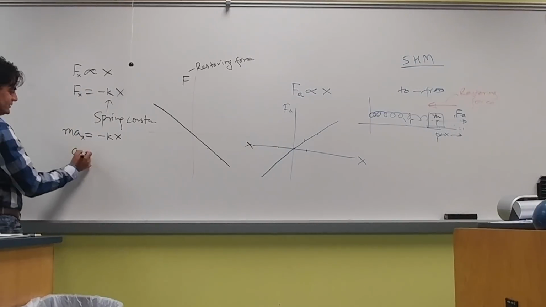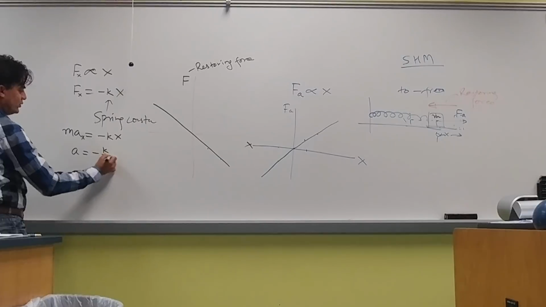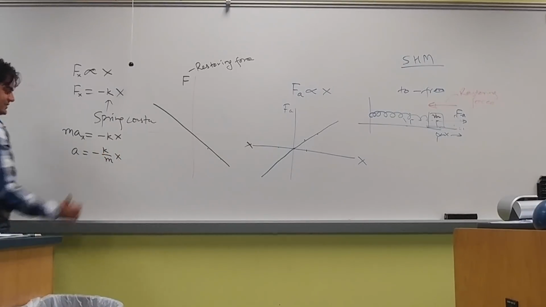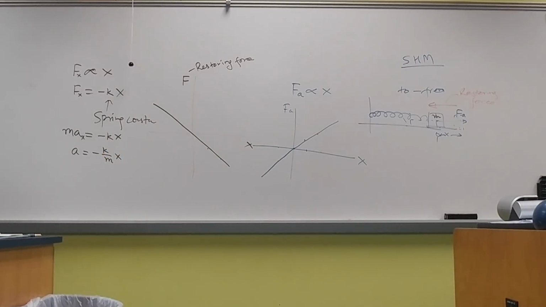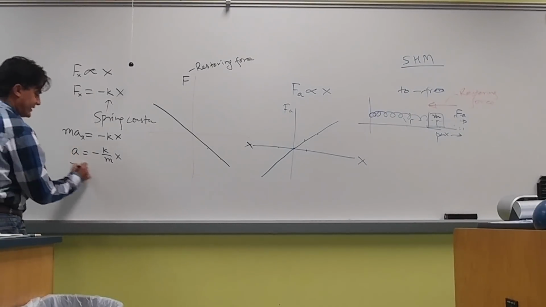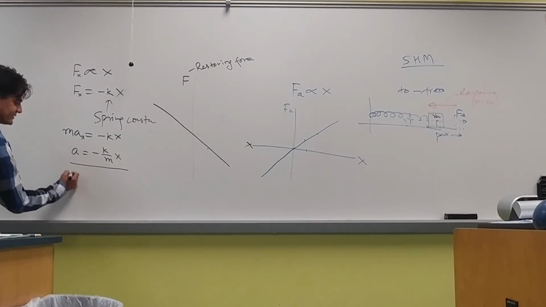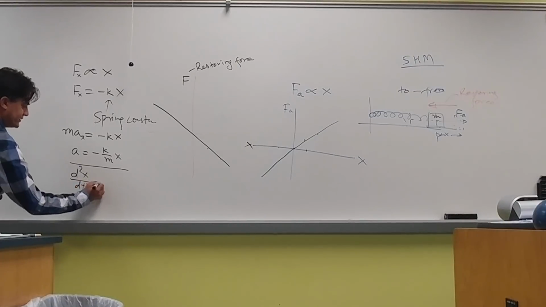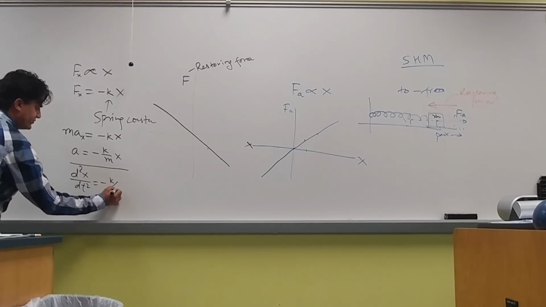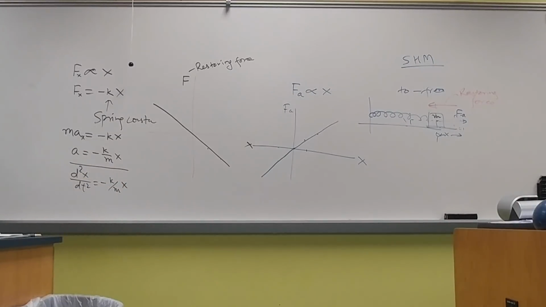So my acceleration will always be negative k over m times x. I stop here for now. By the way, acceleration can also be written as d squared x by dt squared, so d squared x by dt squared equals minus k over m times x.